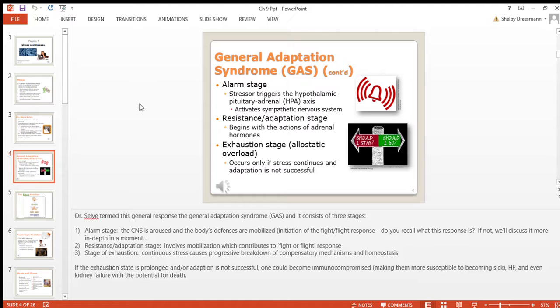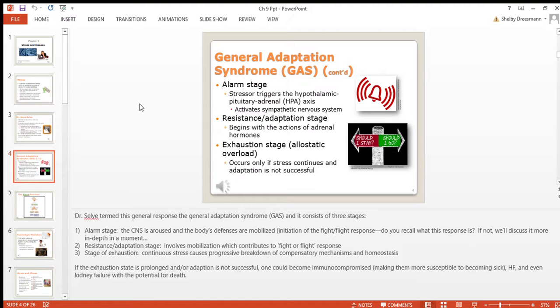So, the GAS, general adaptation syndrome. There's the alarm stage, where the stressor triggers the HPA axis and activates the sympathetic nervous system. The resistance and adaptation stage begins the action of adrenal hormones.